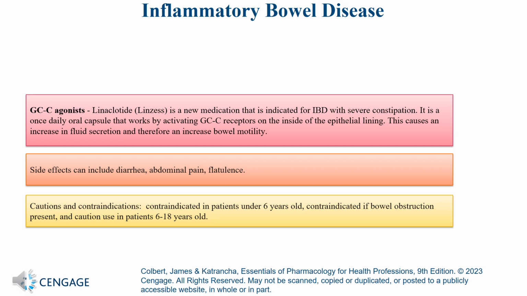It is a once daily oral capsule that works by activating your GC-C receptors on the inside of the epithelial lining. This causes an increase in fluid secretion and therefore an increase in bowel motility. There are just a few things for your side effects, and to look at your cautions and contraindications.